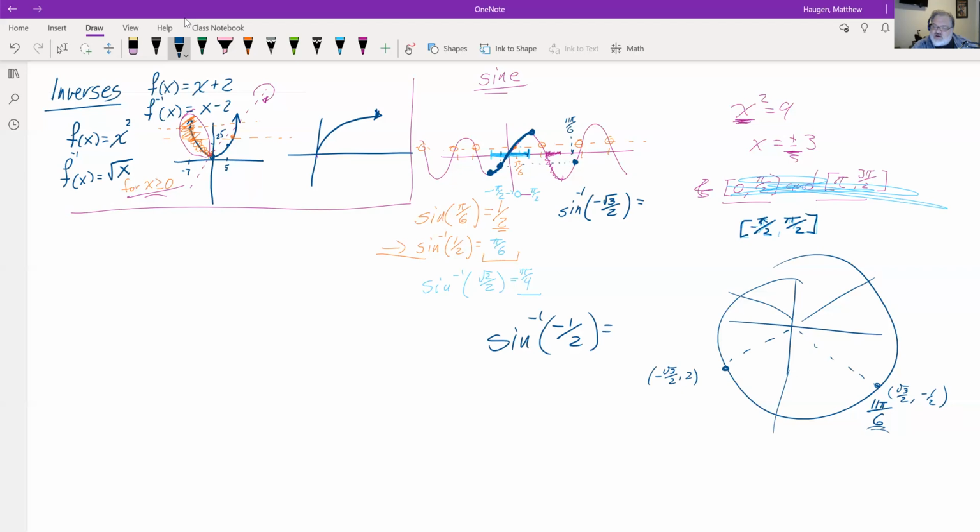What angle would be right there that would give us the same value as that 11 pi over 6? Well, it's on this side, so it would have to be negative, and coterminal to that 11 pi over 6. So yes, negative pi over 6 is the sine inverse of negative 1/2.